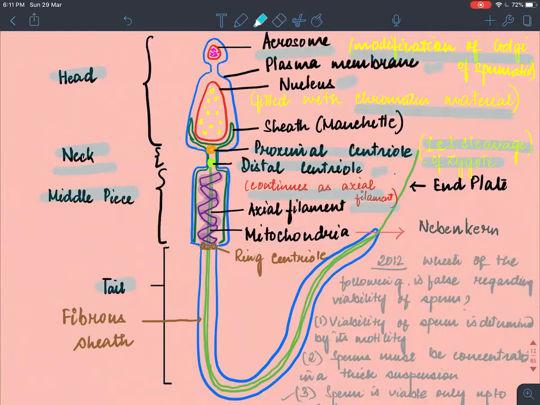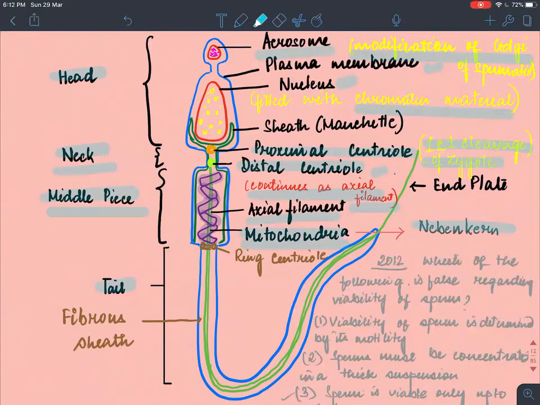Now when we look into the middle piece of this sperm cell, we can see that the axial filament is surrounded or wrapped by a sheath of mitochondria, and this sheath of mitochondria is also referred to as Nebenkern. Nebenkern is a typical spiral structure of the proximal tail region of the sperm.